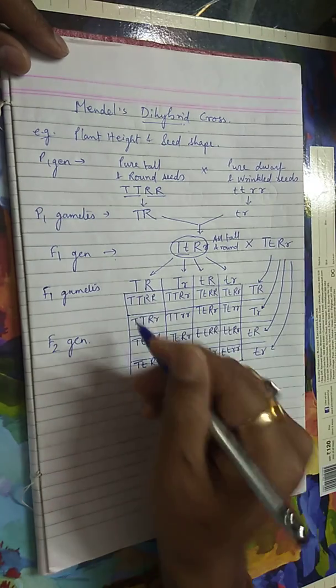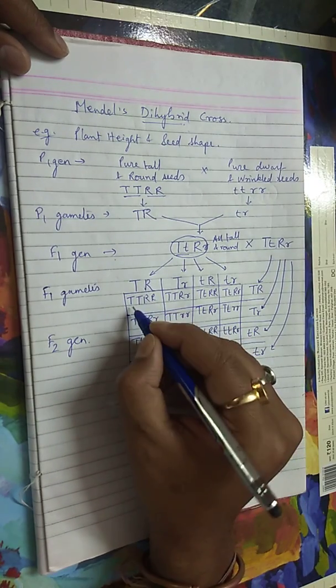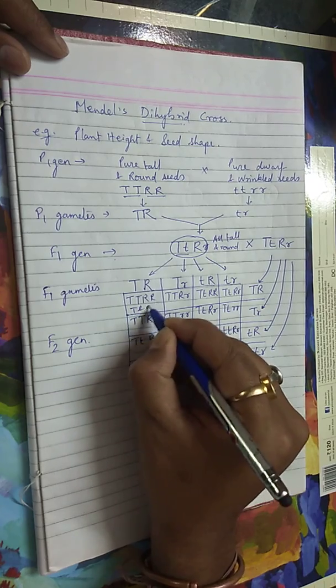So these are the combinations possible. What will be the phenotype? Let us say this will be a tall plant producing round seeds.